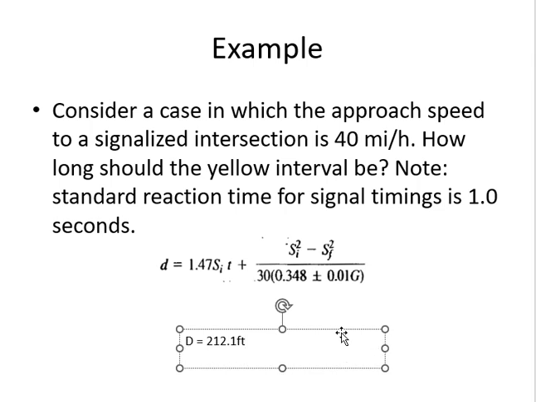Now we want yellow. We want so much yellow that this driver can easily reach the stop line. This driver who is coming at 40 miles per hour and he is at a distance of 212 feet from the signal, he can easily reach the stop line. So how much time he needs to reach the stop line? So he is traveling at 40 miles per hour and he has to cover how much distance? This much, right?